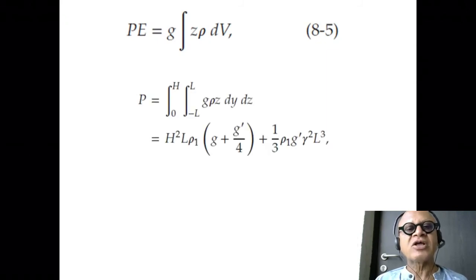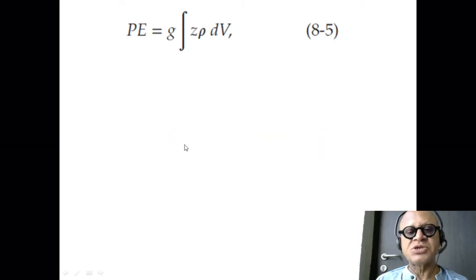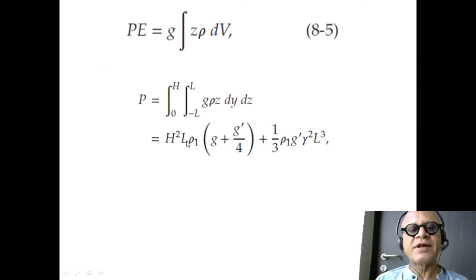Going back to our expression of P equals the integral of g rho z dV, this looks like minus 0 to H, minus L to L, g rho z dy dz for our tank that we are looking at. So rho has a vertical distribution. The previous expression can be simplified to h squared L rho 1 times g plus g prime over 4.